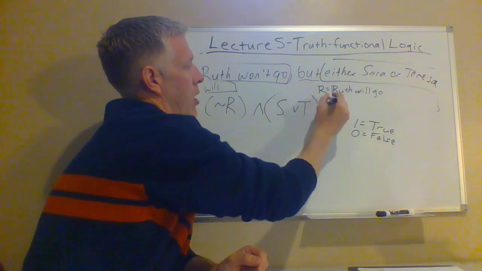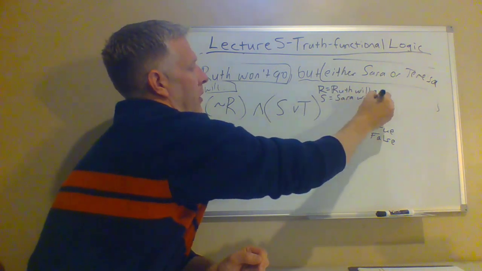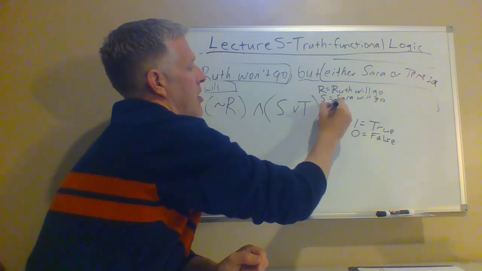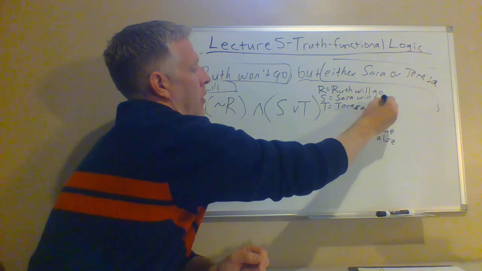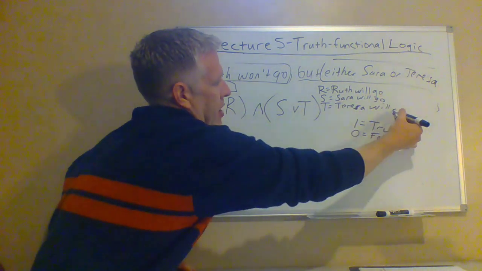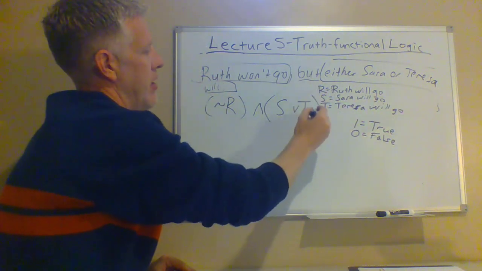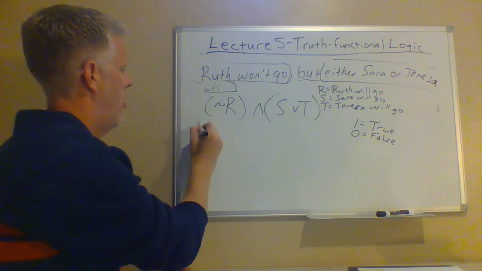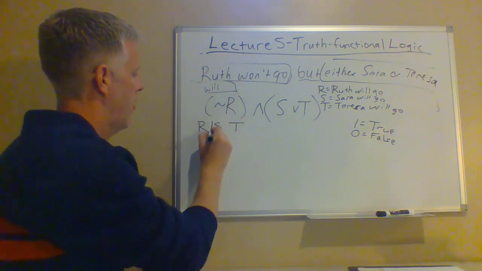R is Ruth will go, S will be Sarah will go, and then T will be Teresa will go. Okay, so we got our key, our basic claim variables. That's going to be RST, so we have 3 of them.